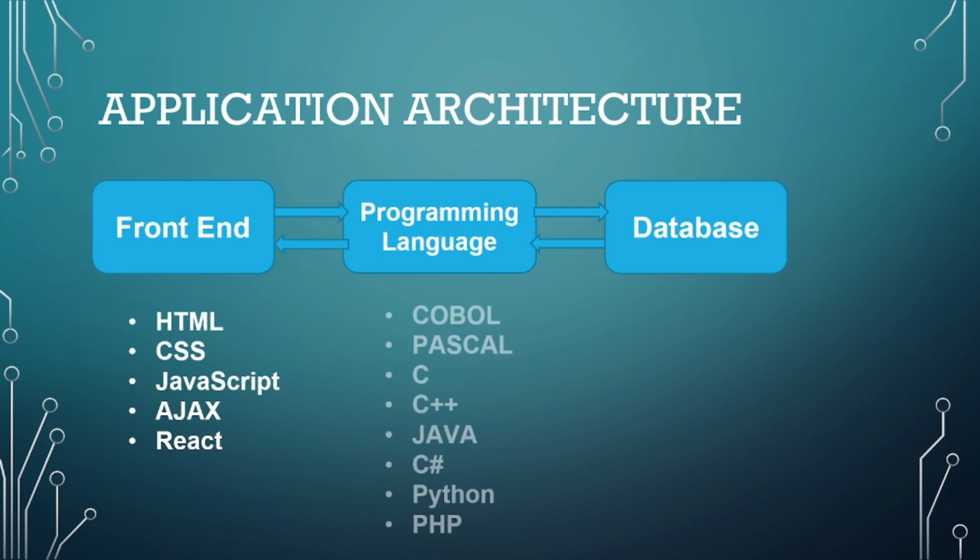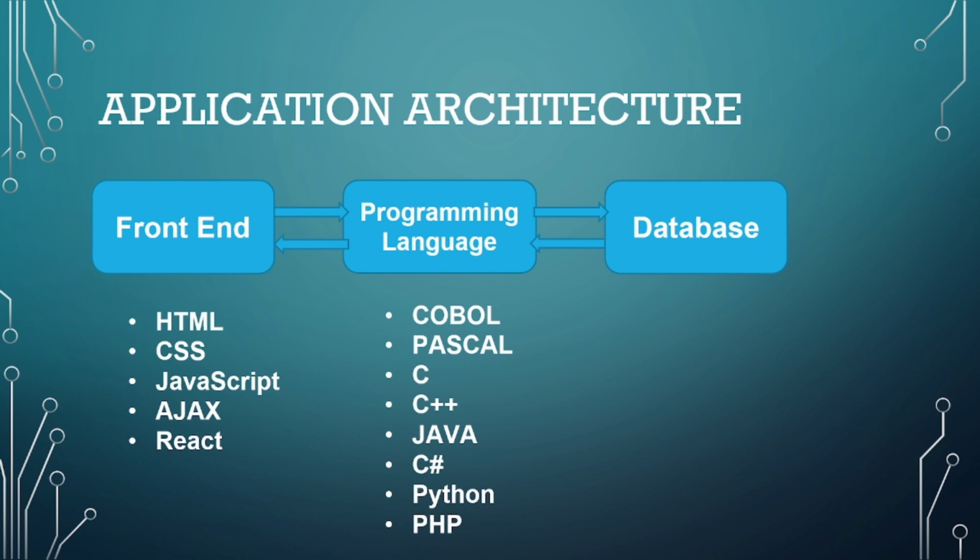When it comes to programming languages, the oldest ones are COBOL, Pascal. Later they introduced C, and then C++ with OOP support. And now we have Java, C#, .NET, Python, PHP. These are some examples of programming languages.